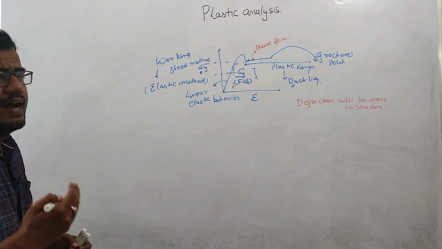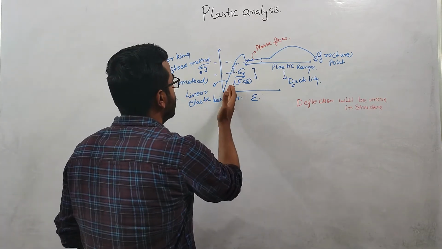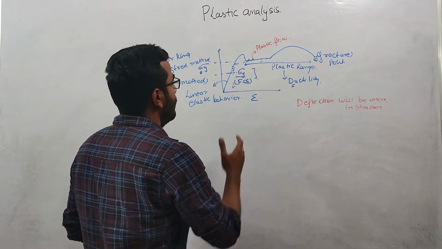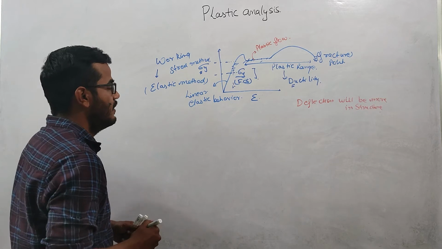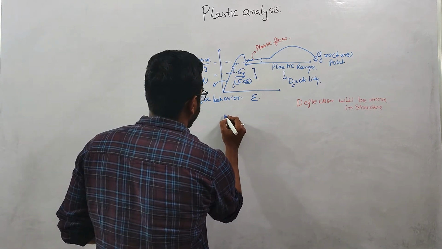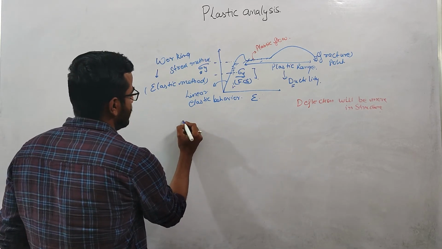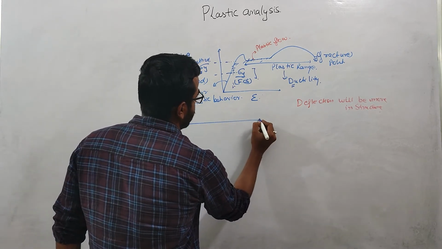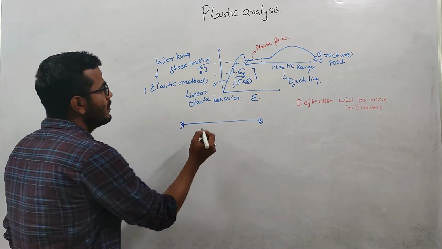So it is in the hands of the designer whether to design the structure by the working stress method or by the plastic method. Any structure will have some collapse load. What I mean is, let us suppose this is our fixed beam.